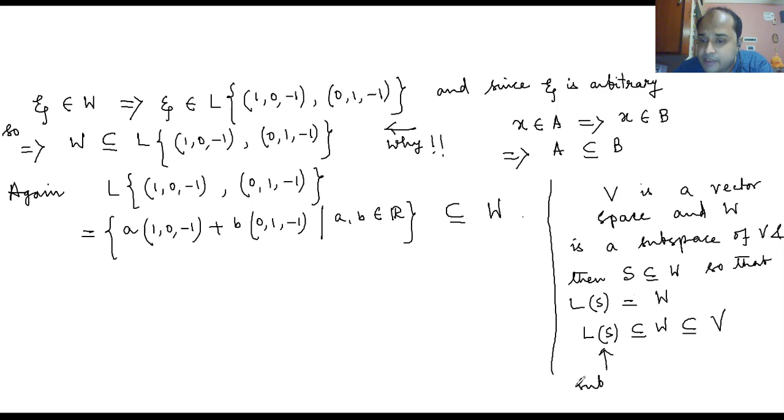All these examples are there in the previous chapters. Therefore, LS is the smallest subspace of W.